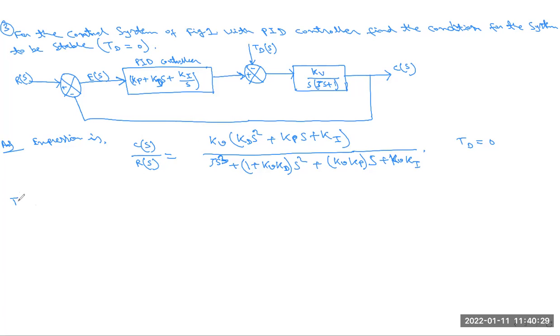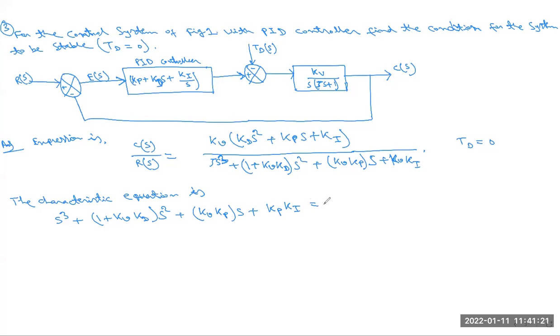So now the characteristic equation is, from here, s cube plus (1 plus Kv Kd) into s square plus Kv Kp into s plus... So we know that.